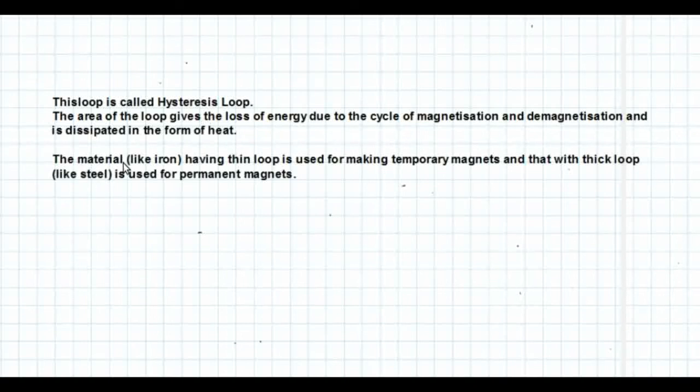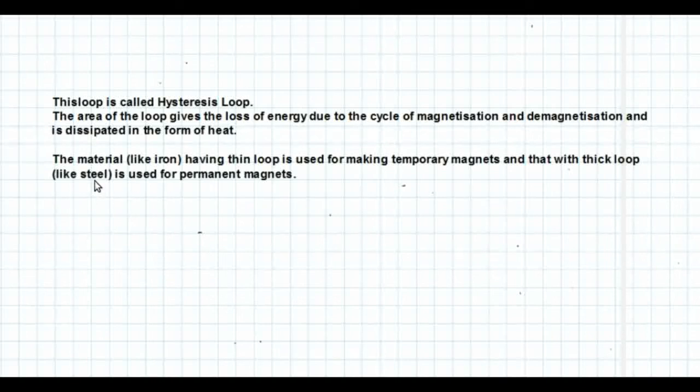A material like iron having a thin loop is used for making temporary magnets, and one with a thick loop, like steel, is used for permanent magnets. So why do we prefer steel to make a permanent magnet?